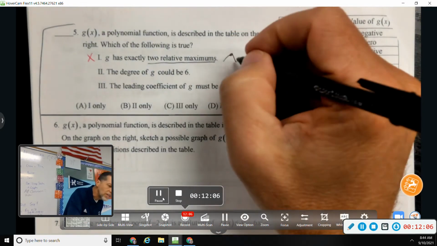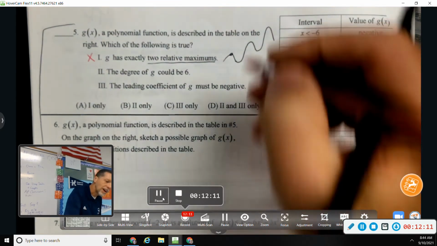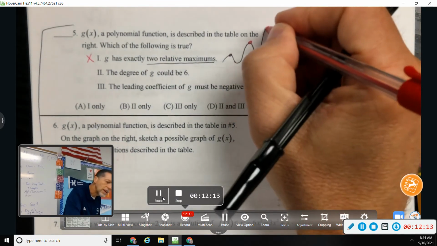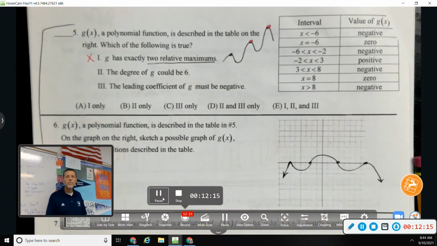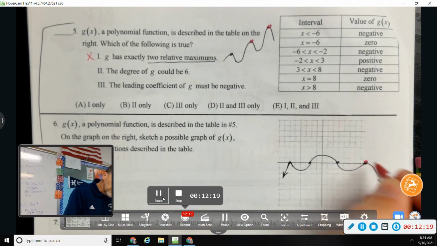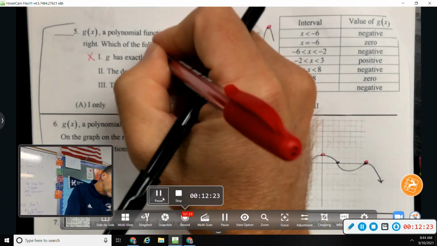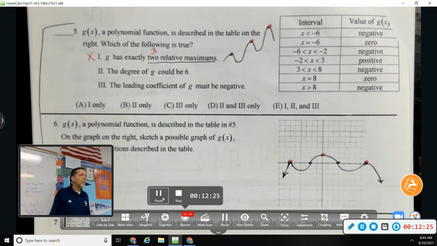So even if it's a lower hill, that graph would have 3 relative maximums. So I think it has 3 relative maximums. I got 3 mountaintops. One mountaintop is taller than the other 2, but there's 3 mountaintops.